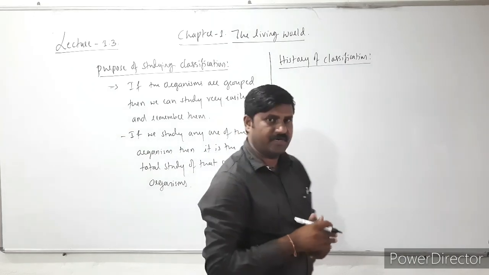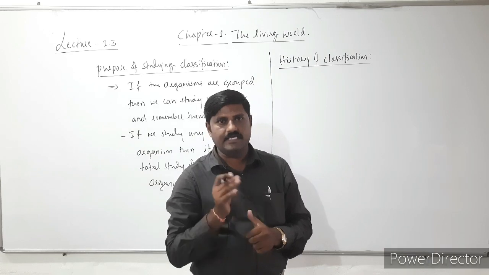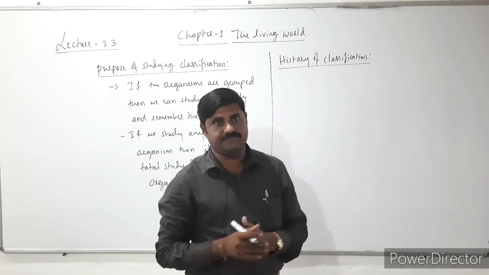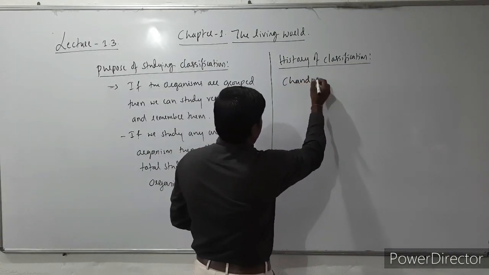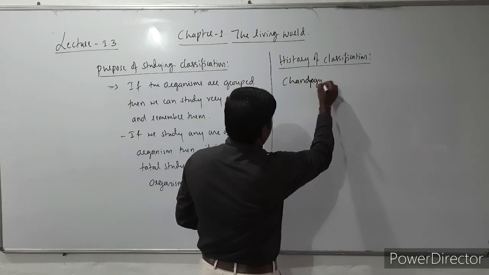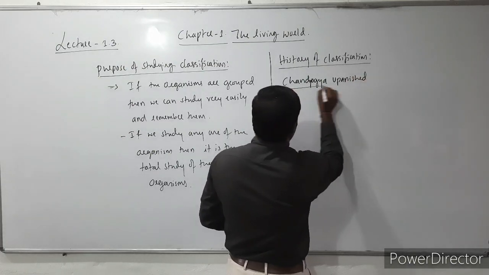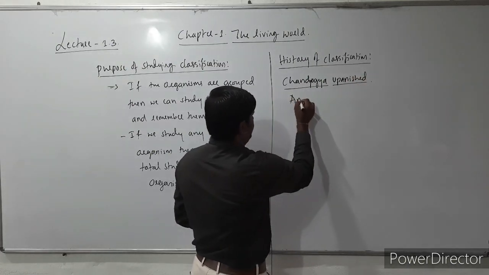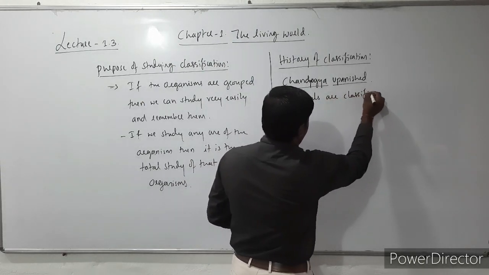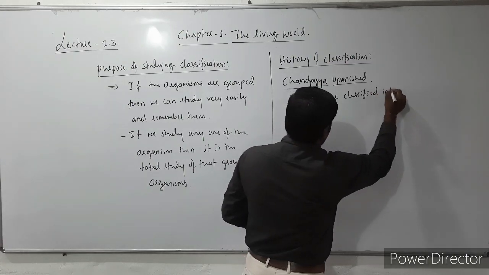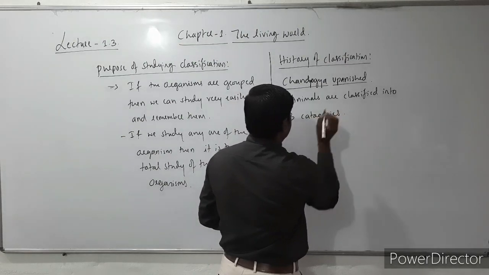One of the Upanishads, the Chandogya Upanishad, is said to have classified organisms into three groups. In this Upanishad, animals especially are classified into three categories.